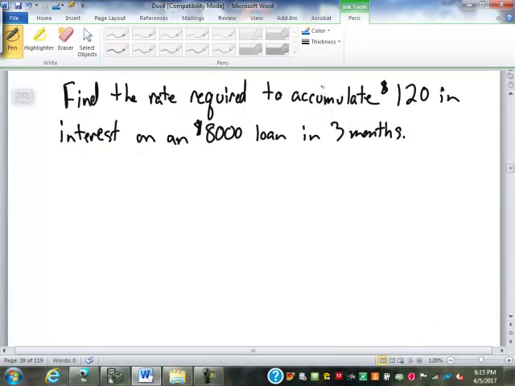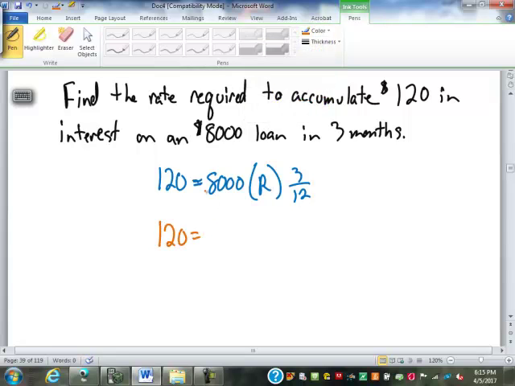Okay, so we know I is 120. P, 8,000. R, that's what we're finding. T, 3 over 12. Perfect. So now we're going to combine the 8,000 with the 3/12, which gives us 2,000.